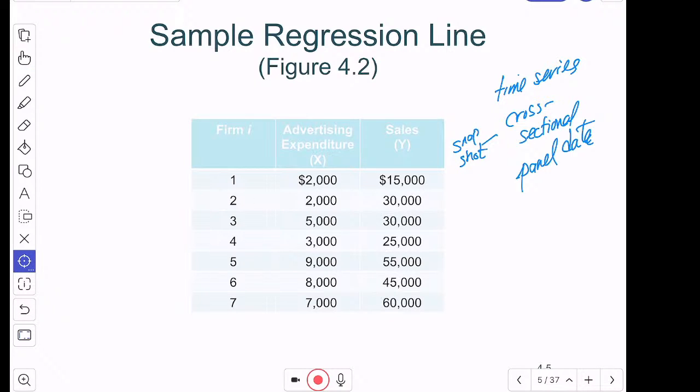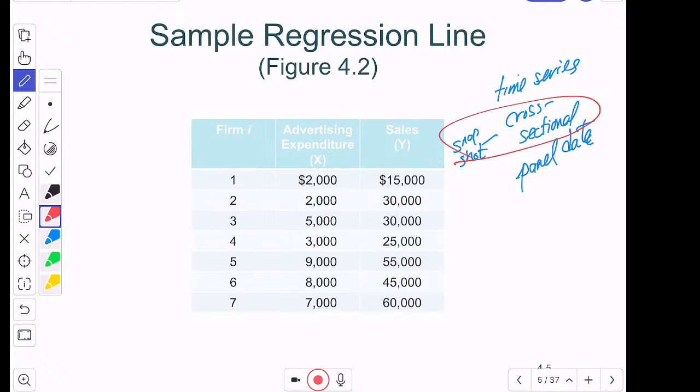So this was determined by observing several firms in the industry all at the same time, over the same time period. I didn't write the time period anywhere, but it's assumed it's around the same time period. Either these are averages over 5 years, or they're just amounts all at once. So 1 year, the same year, so I can compare them over the firms. So this is cross-sectional.